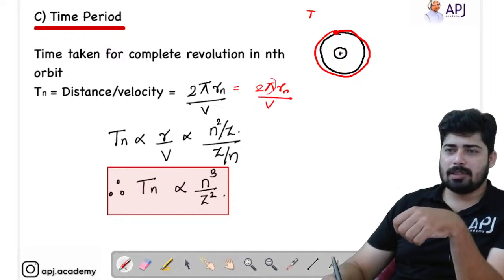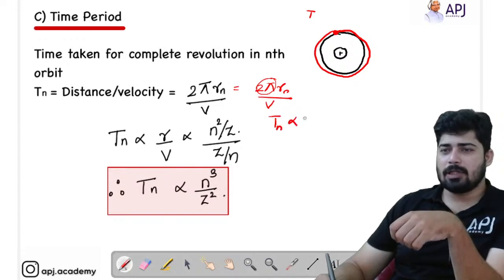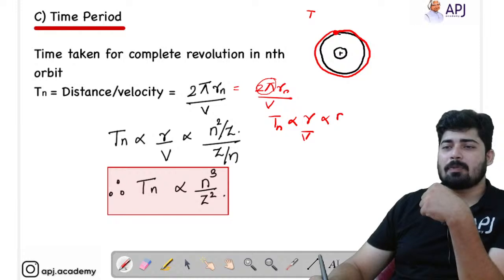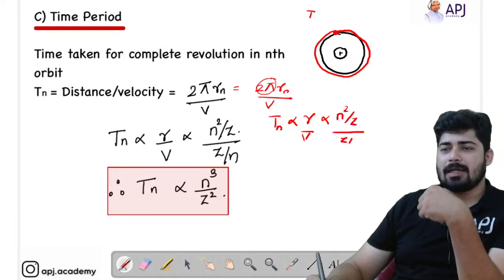Since 2 pi is constant, time period is directly proportional to radius by velocity, and we just wrote that radius is directly proportional to n square by z and velocity is directly proportional to z by n.